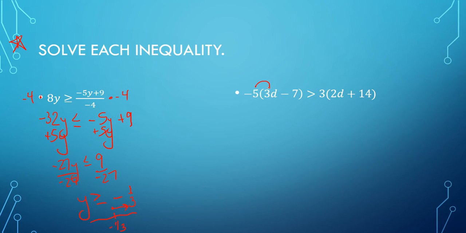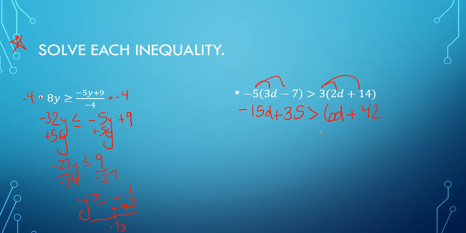This next one, distribute the negative 5 in. So negative 5 times 3 is negative 15d. Negative 5 times negative 7 is a positive 35. Then distribute the 3. 3 times 2 is 6d. And 3 times 14 is 42. Okay, all the d's have to be on the same side. Now it doesn't matter which side you move them to.